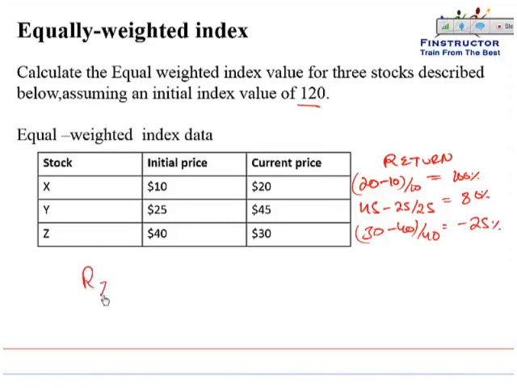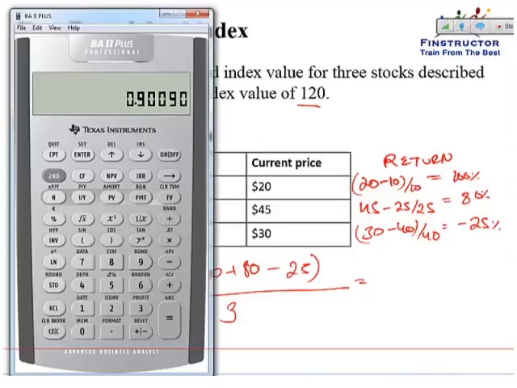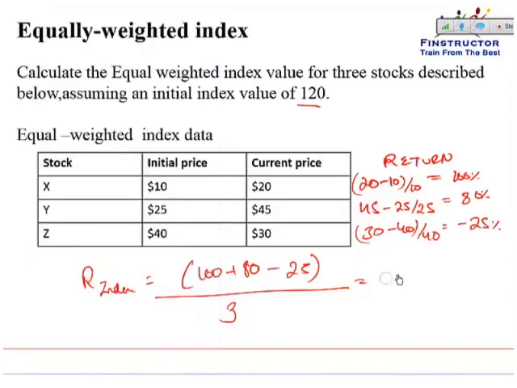The return on the index will be the arithmetic average, that is 100 plus 80 minus 25 divided by 3. This will be the return on the index, which will be calculated as 100 plus 80 minus 25 divided by 3, that is 51.66%.